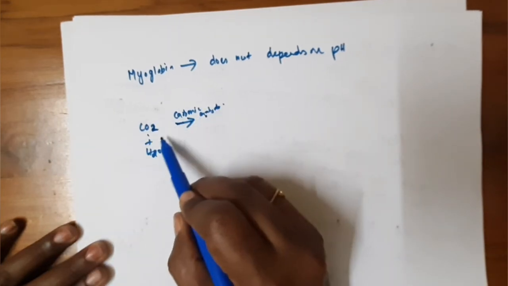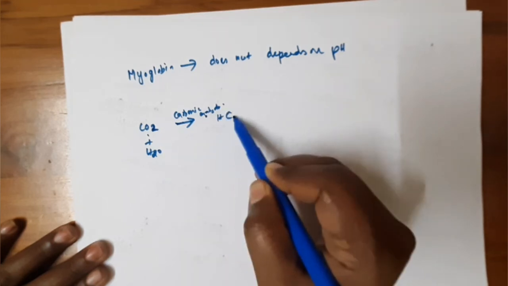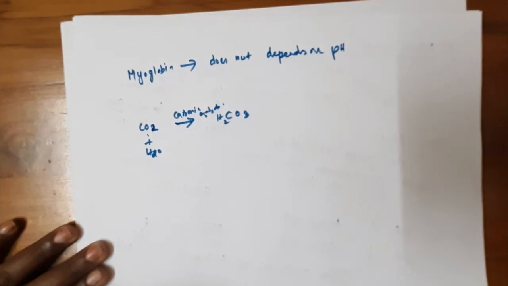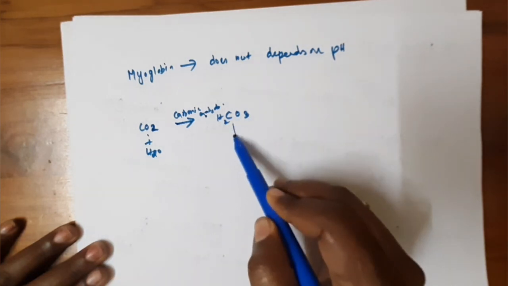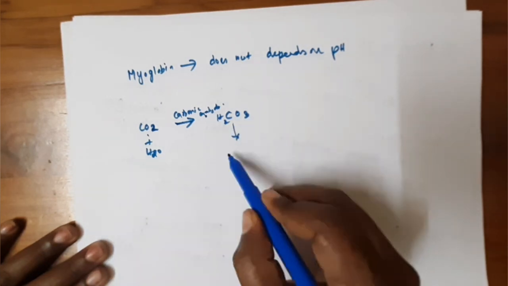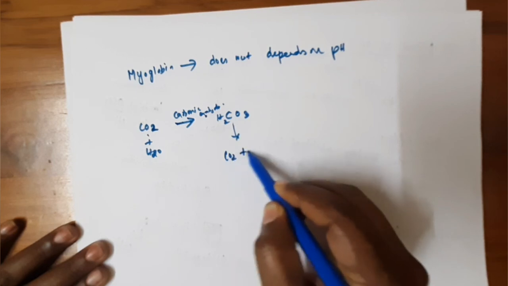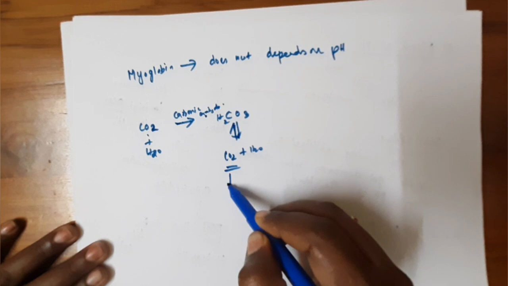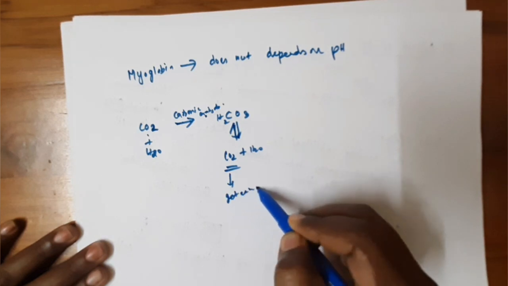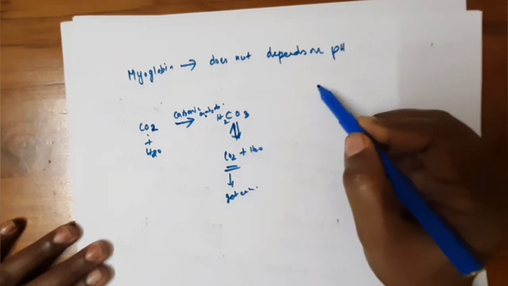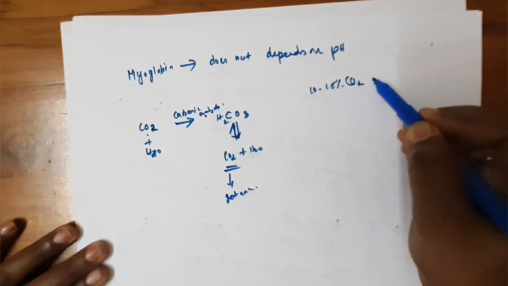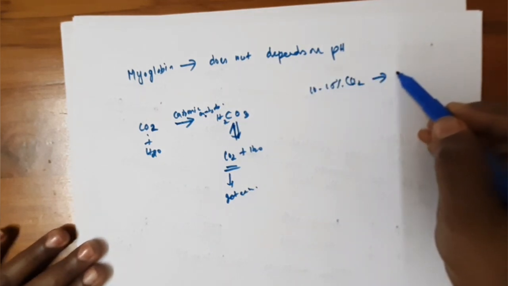The carbon dioxide is converted into carbonic acid with the help of carbonic anhydrase. This carbonic acid is again converted into carbon dioxide plus H2O because it is a reversible reaction, and this carbon dioxide gets exhaled. Around 10 to 15% of carbon dioxide is taken by the amino groups in the protein of the hemoglobin.